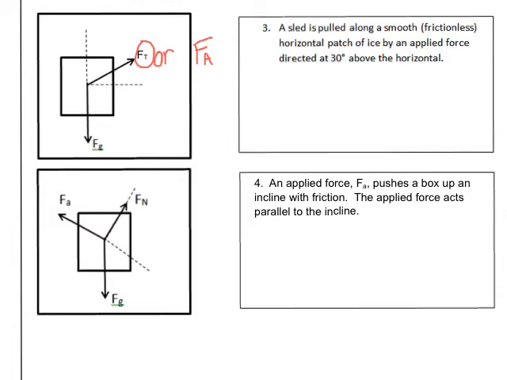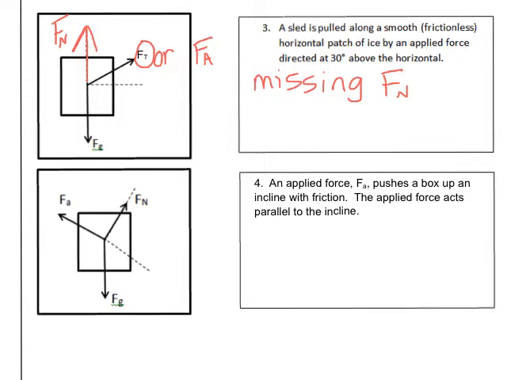Is the sled sitting on a surface? It's on the ground, so what force should the ground place on it? Normal. Okay. So this one's not correct because it's missing the normal force. Since the ground is horizontal, the normal force would be vertical pointing upward. And is there any friction?